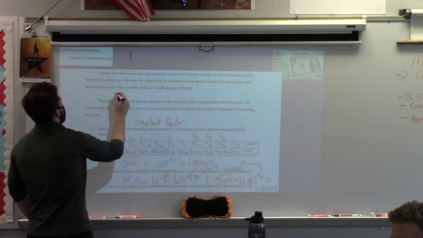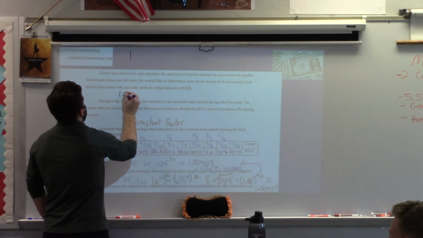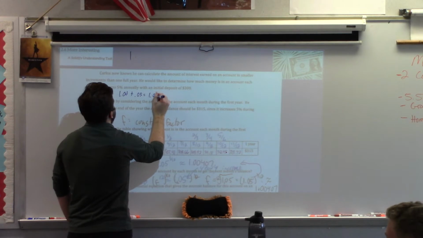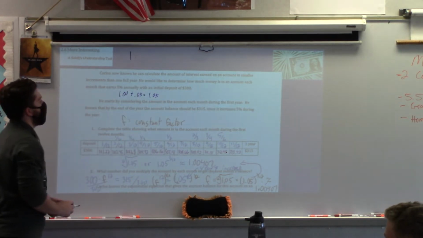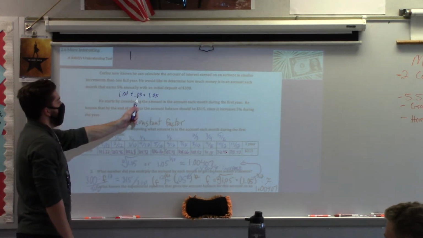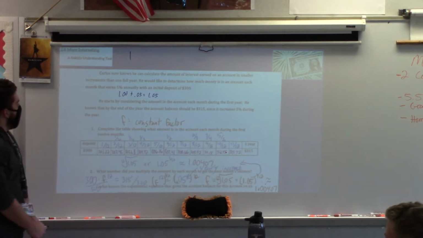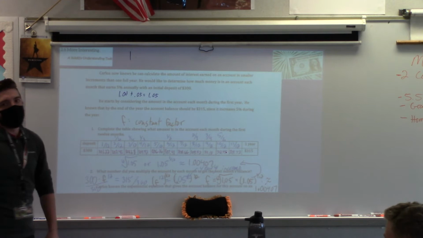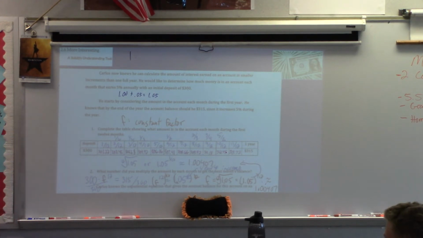Okay. Got 1.05. So when we are compounding 5% annually, that means we're going to add the 100% to the 5%. So over the course of the year, to get from 300 to 315, we multiplied by 1.05, right? Yeah. Okay? So then what?